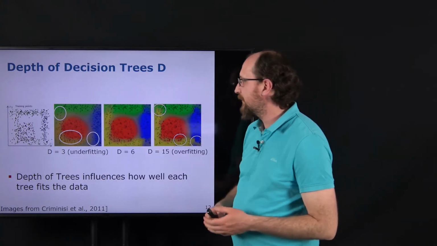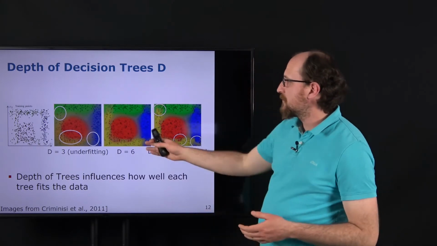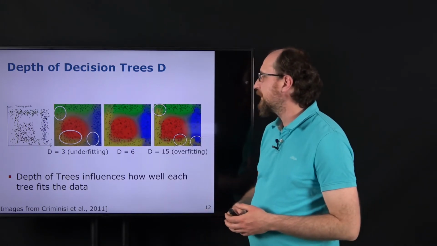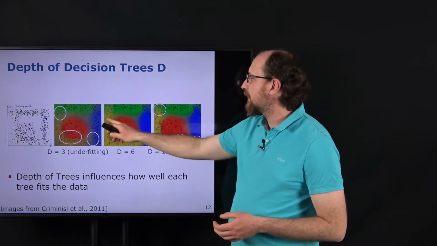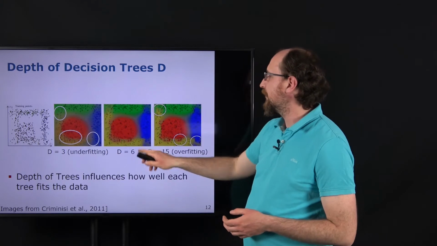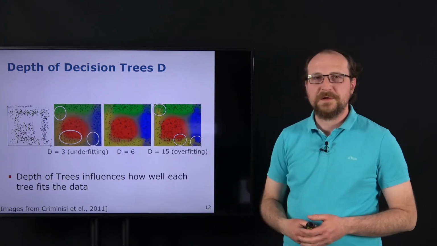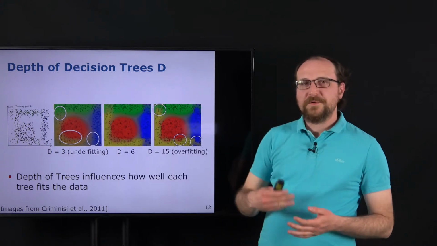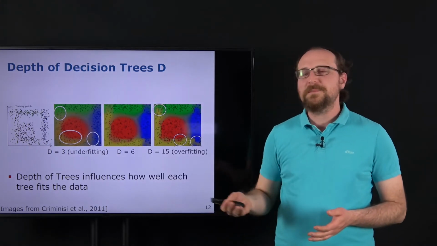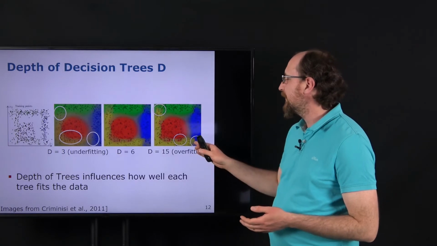When you then use something like depth 6, we get a more reasonable result in the end, where the points here are correctly classified, and here the points are also getting the correct class assignment. But when you grow the trees too deep, you will see that it fits too well.